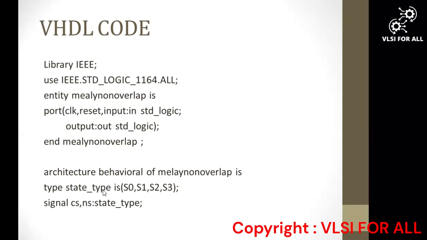Here we have taken state type, and inside this we have defined our 4 states, S0 to S3. We define two signals, current state and next state, which are of state type.